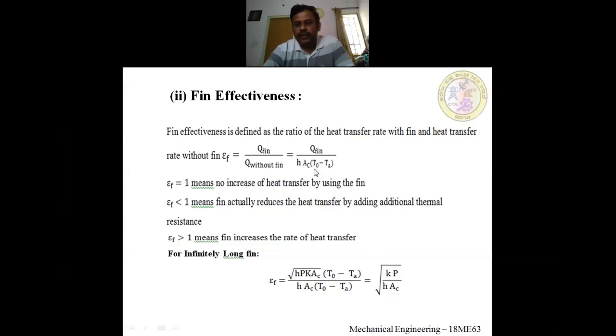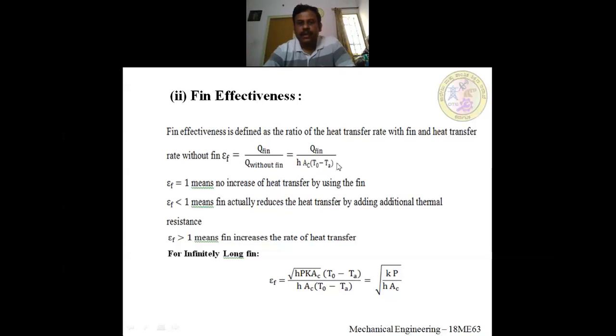Suppose there was no fin attached to that surface, then whatever heat is lost from that area is nothing but h times AC, T naught minus TA, because T naught is the temperature of the base and TA is the ambient temperature. So from that particular area, what is the heat transfer without fin? That is what I have written in this equation.